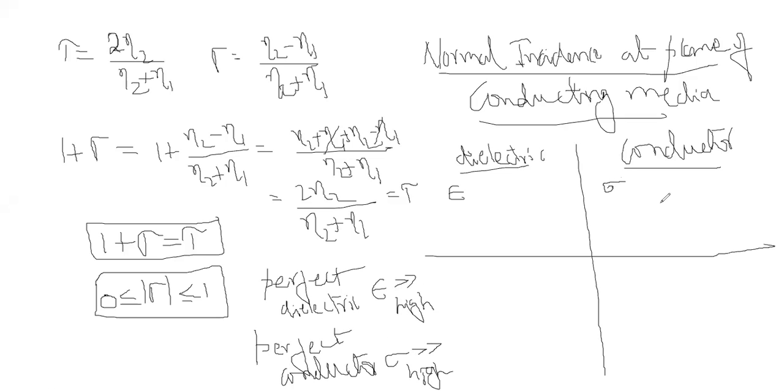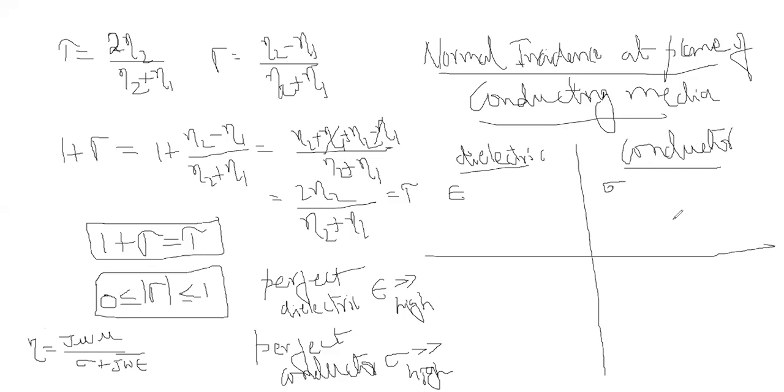What happens to eta? We know eta is equal to the square root of j omega mu by sigma plus j omega epsilon, from the propagation constant. This is the formula we have for the intrinsic impedance.